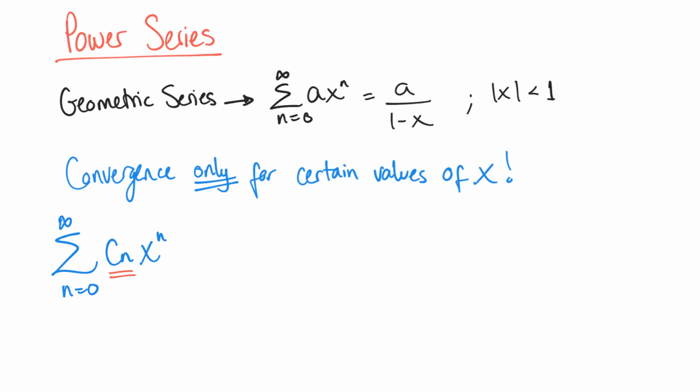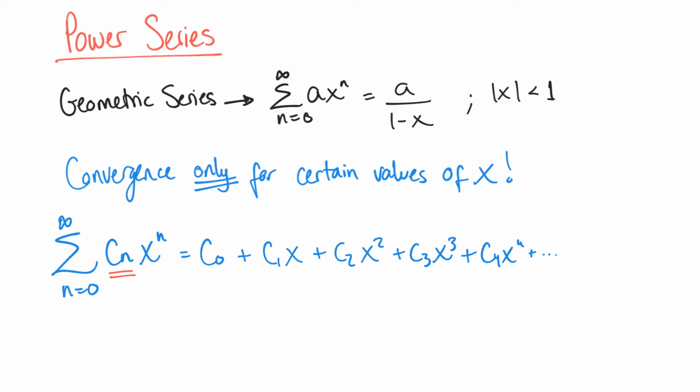So, when we expand the series, we're going to get c0 plus c1x plus c2x squared plus c3x cubed plus c4x to the power 4, and so on and so forth.